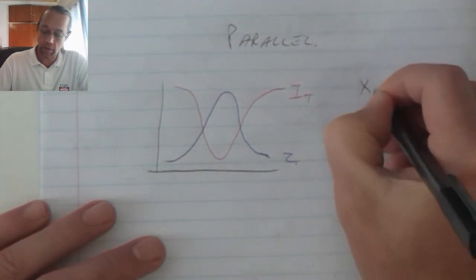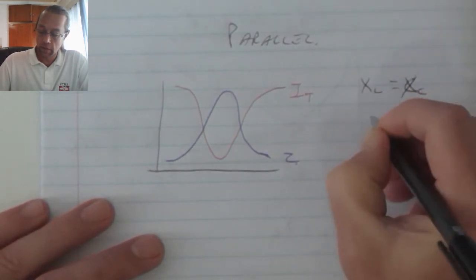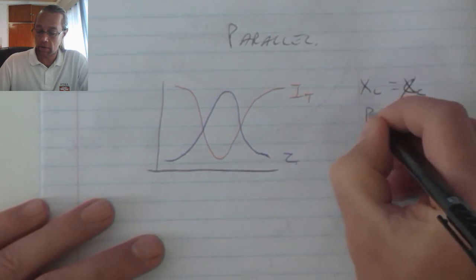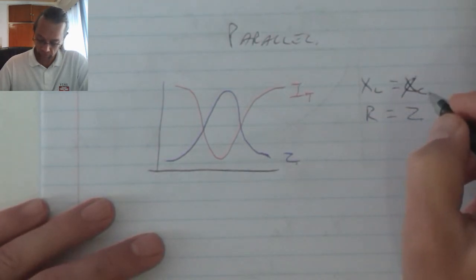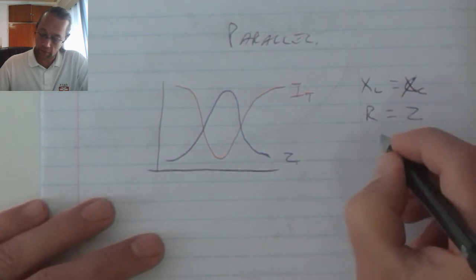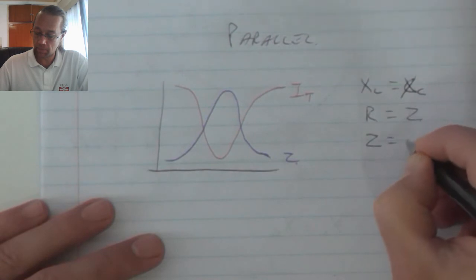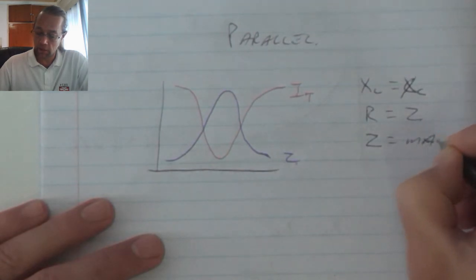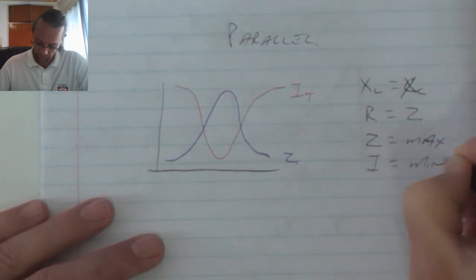Again, inductive reactance and the capacitive reactance are equal. As a result, the resistance is equal to the impedance. We find that the impedance is at maximum and the current flow is at minimum.